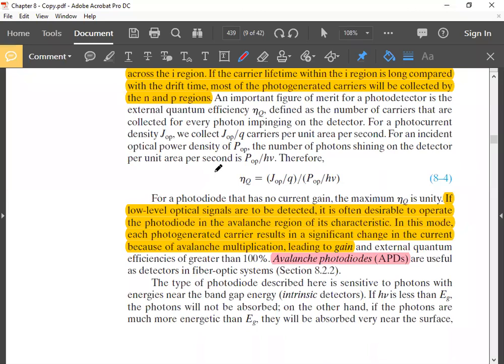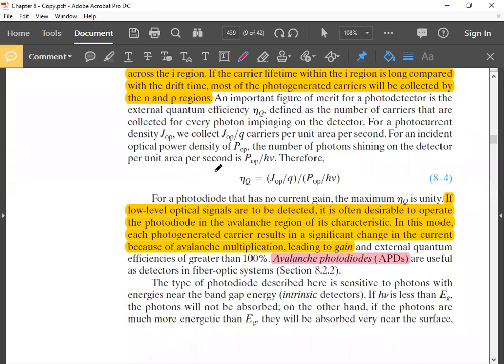You remember impact ionization? The electrons collide with lattice atoms and create more electrons and ions. That's how the number of electrons and holes generated increases through impact ionization.